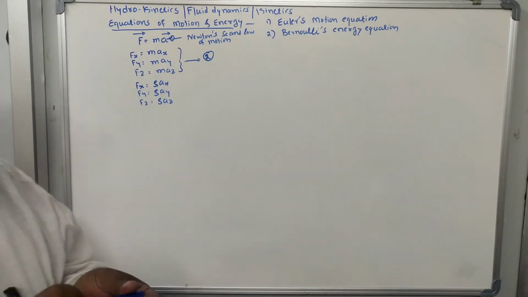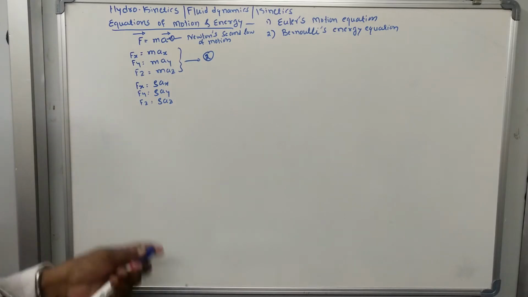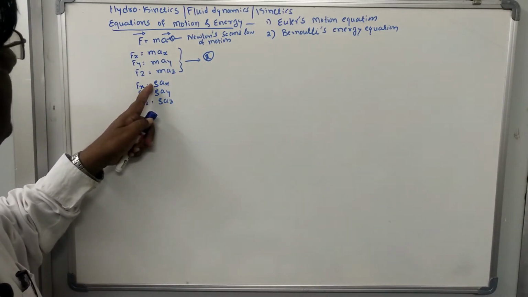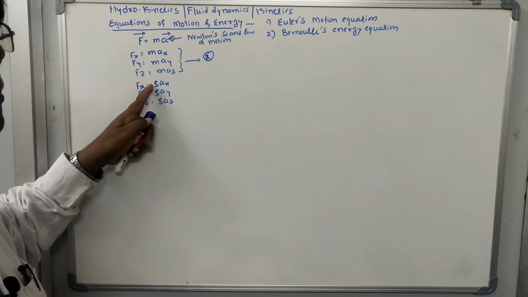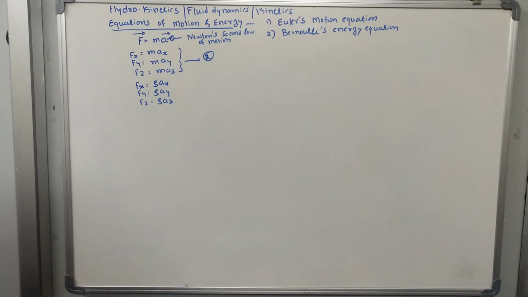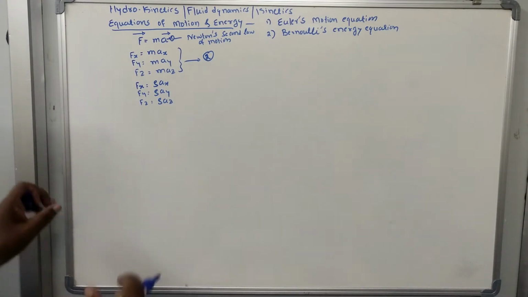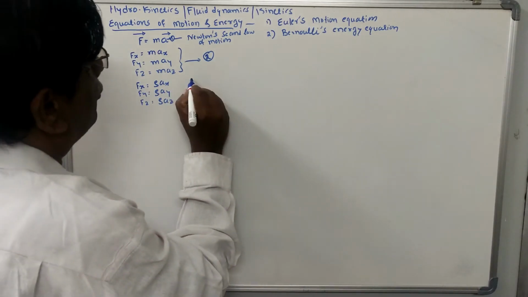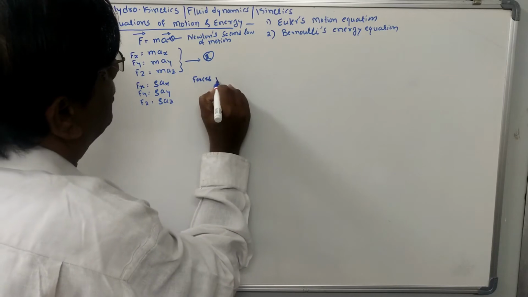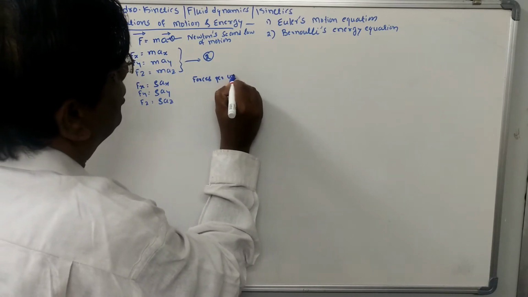Mass per unit volume is the mass density. So in fluid motion, we normally consider forces per unit volume.